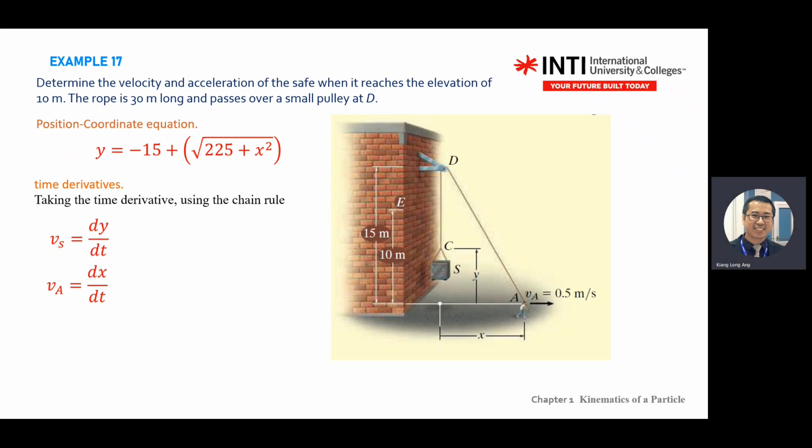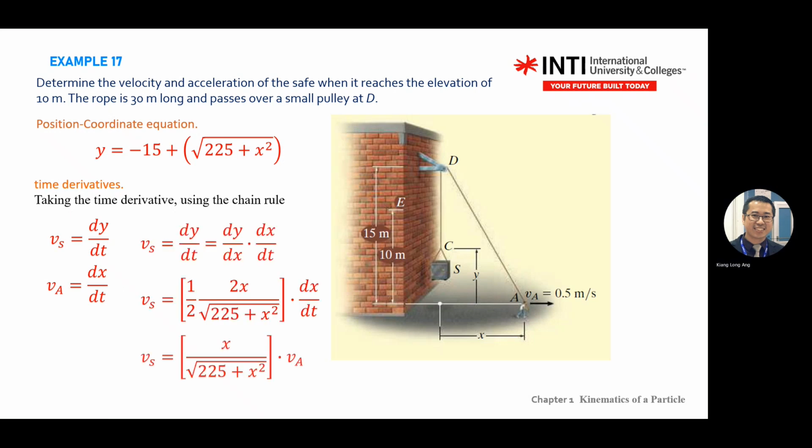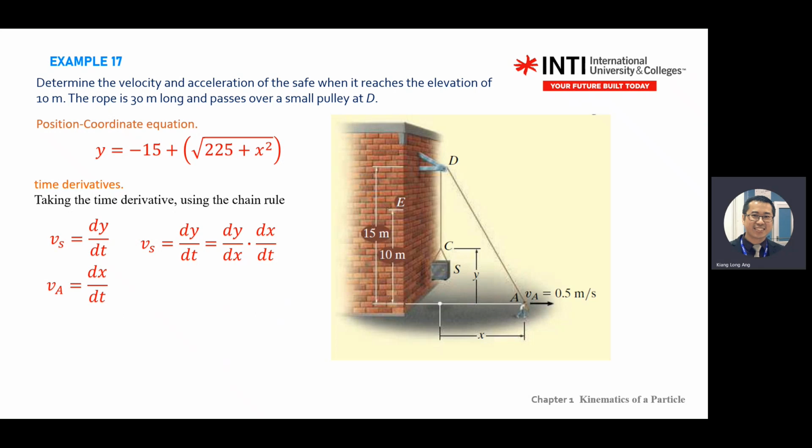So you get VA equal to dx/dt. You have these two, right? So you need to do the chain rule. So VS, dy/dt, you break into the chain rule: dy/dt equals dy/dx times dx/dt. You do the chain rule. Again, go read Appendix D.